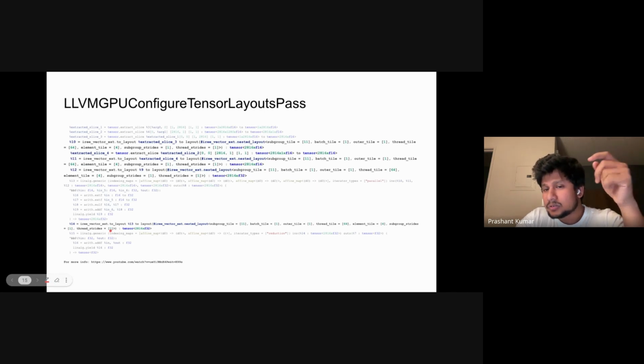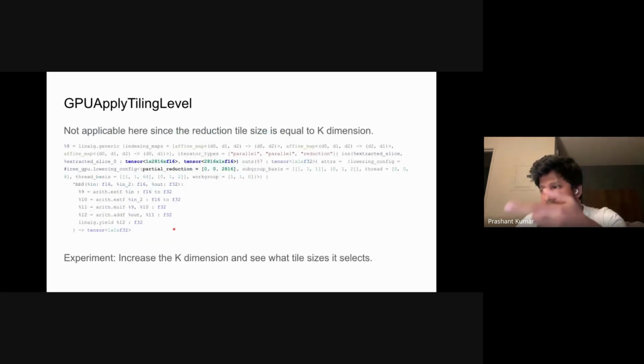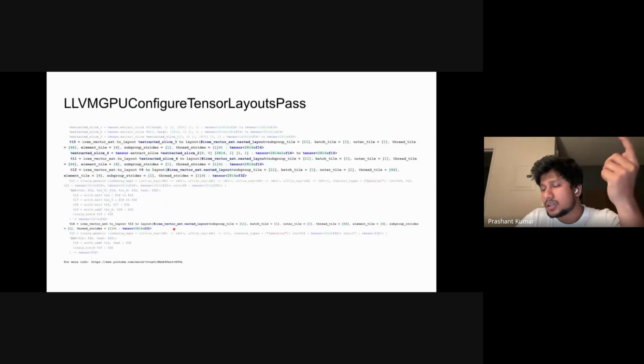The layout determines how the data is distributed among threads and subgroups, and the computation should be aware of that. This layout is determined based on the tile sizes that we already saw, and it is attached to the anchor operation, the output of the main linalg.generic. Then it is propagated backward.